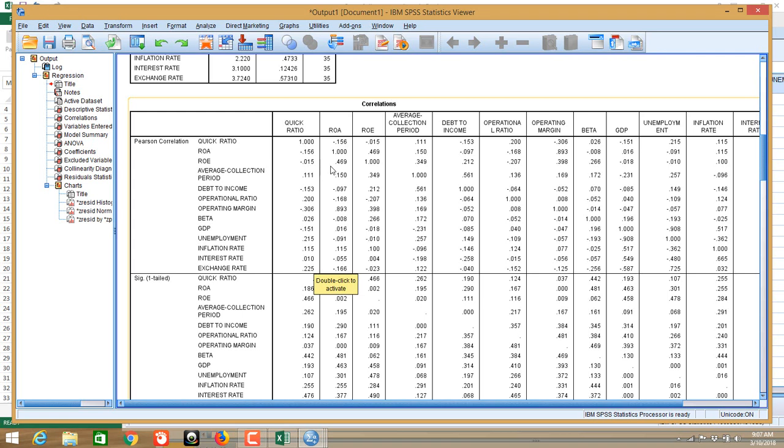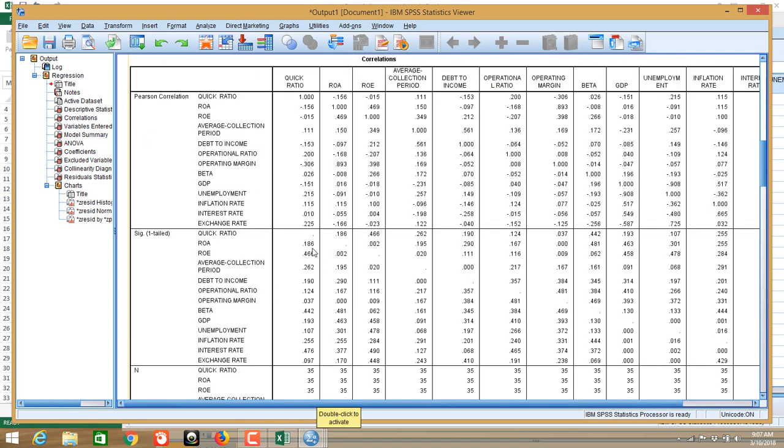All right? And now you want to see how significant they are. Significant means how truly they are correlated. You have to look at this number. You see, the rule is it has to be less than 0.10. Can you see it? This number has to be less than 0.10. So we see already from here, the first number is not significant. It's not significantly correlated.